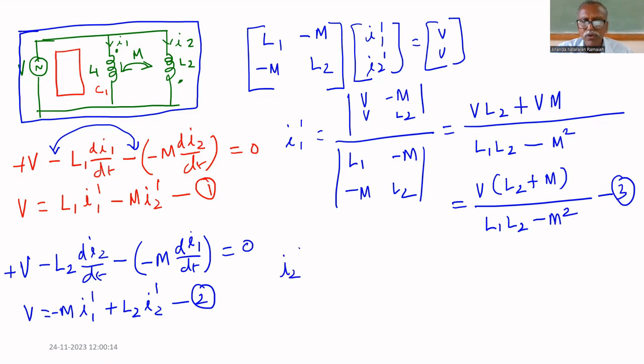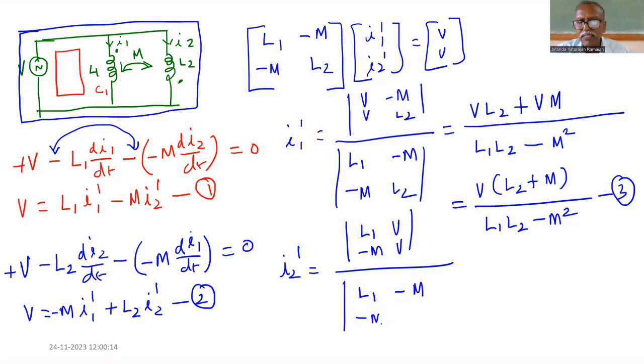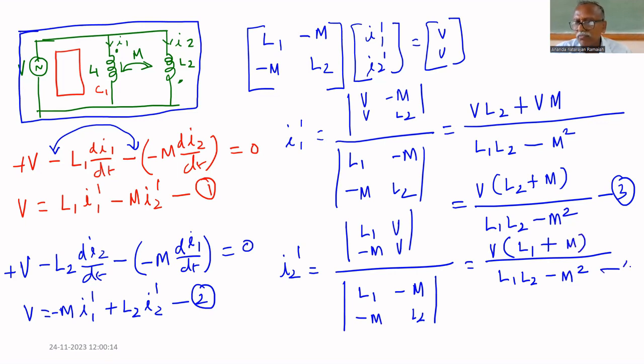Similarly, I2 dash equal to determinant of L1, V, minus M, V whole divided by L1, minus M, L2. That is equal to V times L1 plus M divided by L1 L2 minus M square. Let it be the fourth equation.